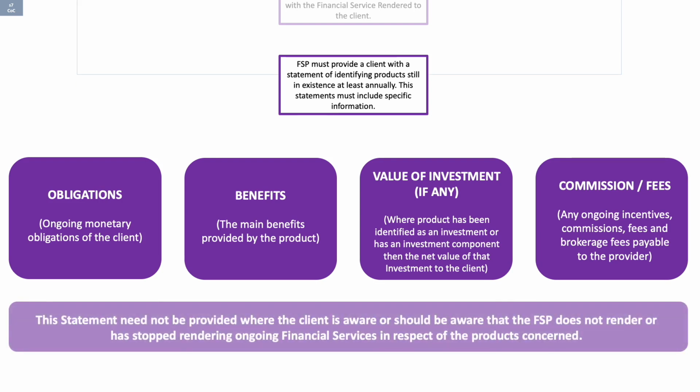This statement need not be provided where the client is aware or should be aware that the FSP does not render or has stopped rendering ongoing financial services in respect of the products concerned. We must also note that the FSP must provide a client with a statement at least annually, and the statement must include any ongoing incentives, commissions, fees, and brokerage fees payable to the provider.